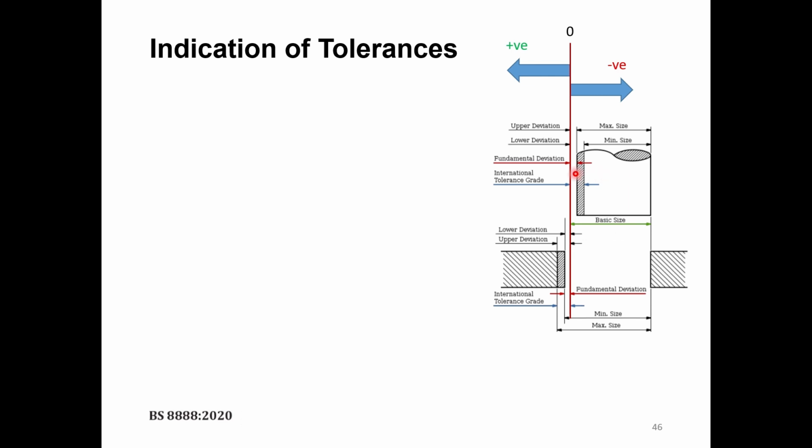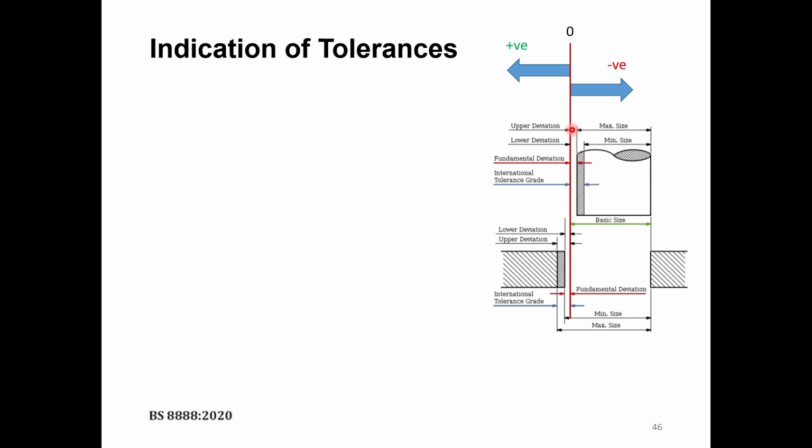For this, we have a tolerance zone. This tolerance zone is what is acceptable to us as the designer, and what we communicate to the manufacturer as the acceptable limit. There is what's called the upper deviation and the lower deviation from the basic size. For example, if this is the maximum size of the shaft, the distance from here to the zero line, or the basic size, is called the upper deviation.